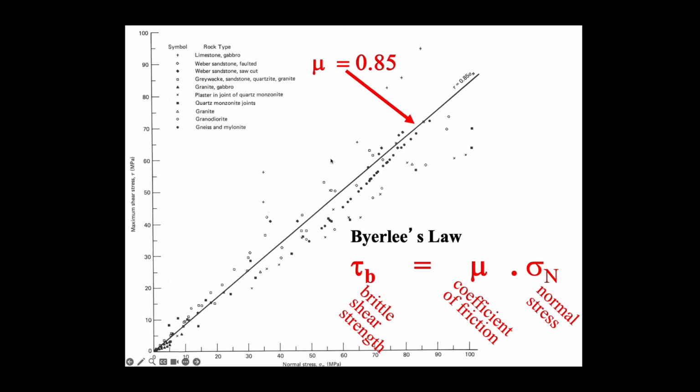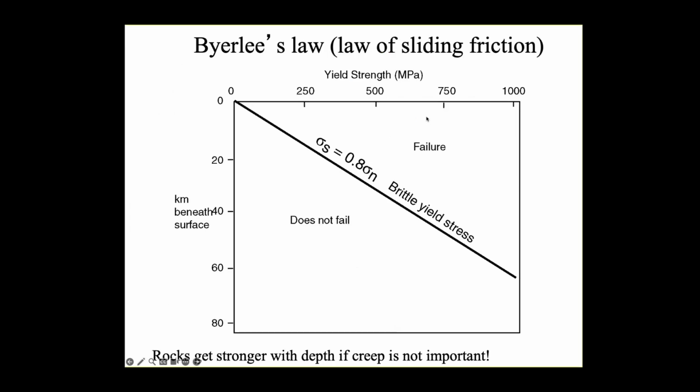Okay, so we're going to remind you of Byerlee's law here. Looking at depth and strength of rocks, just following Byerlee's law, rocks get stronger and stronger and stronger. And if this was what was controlling the strength of Earth's interior, plate tectonics would be impossible.